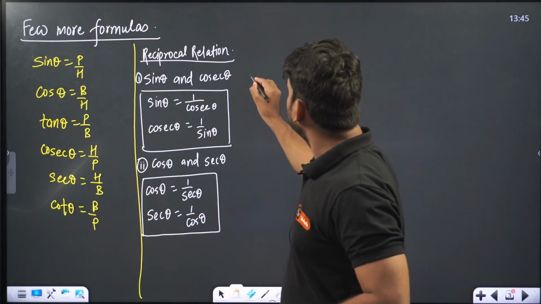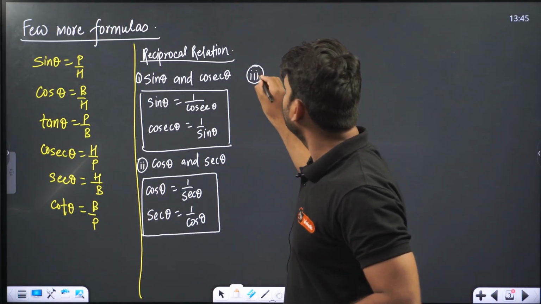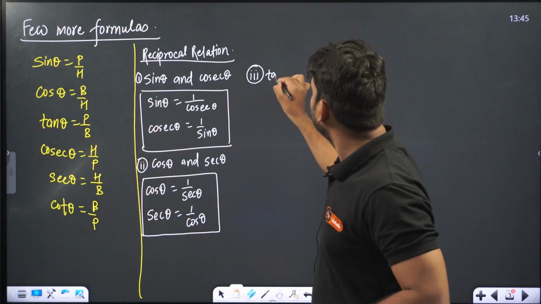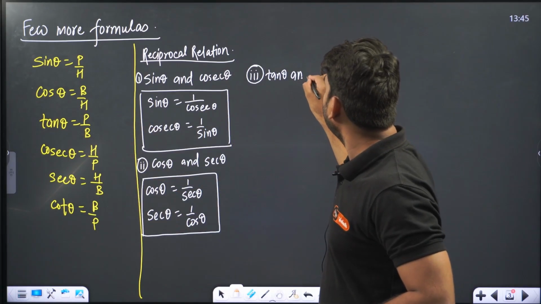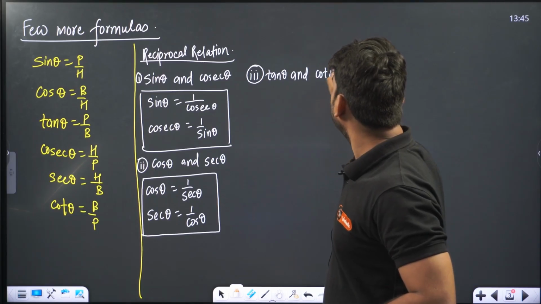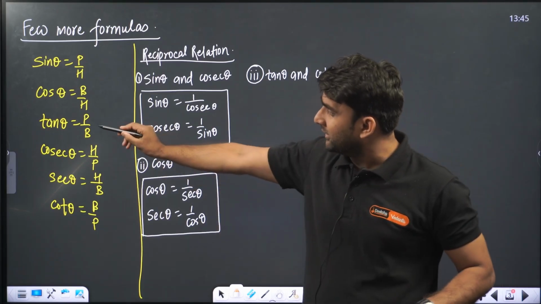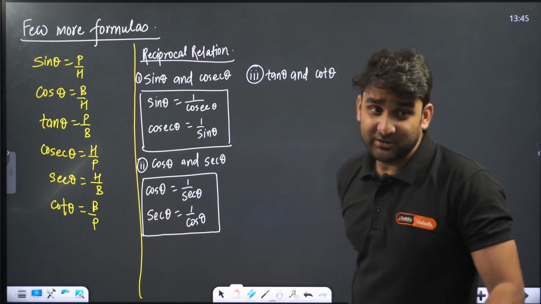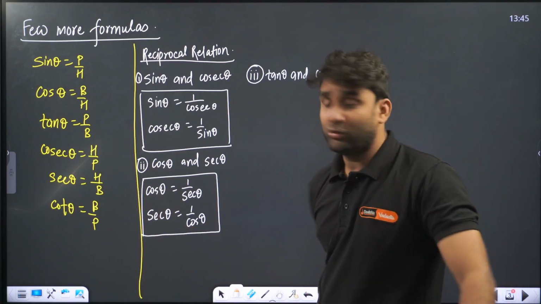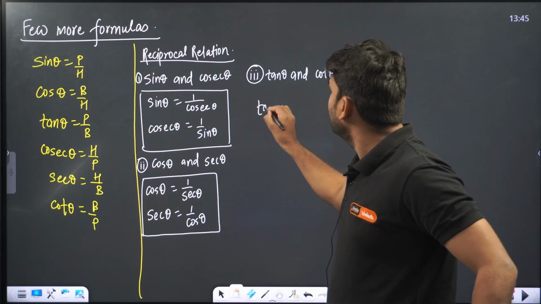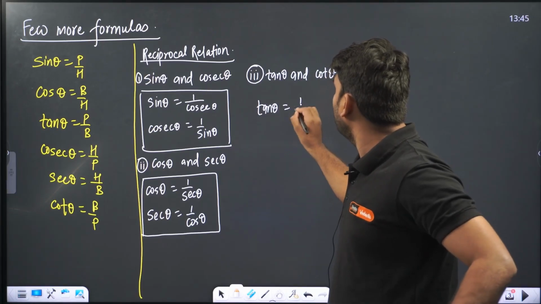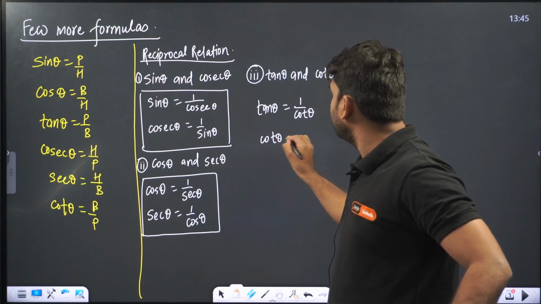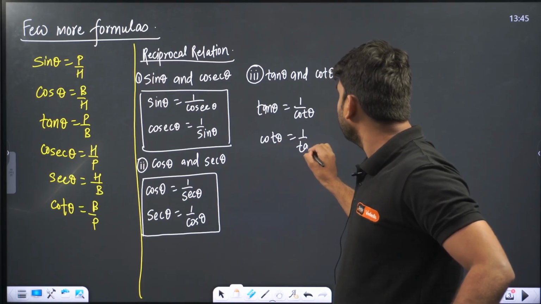Third and last, we have relation between tan and cot. So I'm writing here tan theta and cot theta. So what is the relation? Please look at here. Tan theta is perpendicular by base and we have cot theta which is base by perpendicular. So both are reciprocal of each other. So we can write here tan theta is equal to 1 by cot theta, and cot theta can also be written as 1 by tan theta.